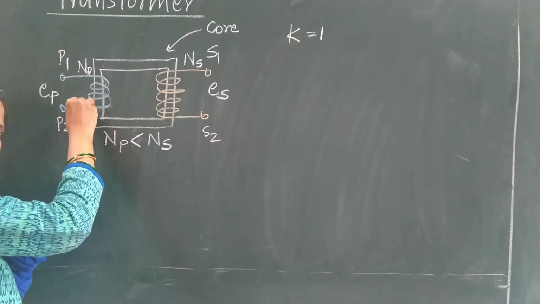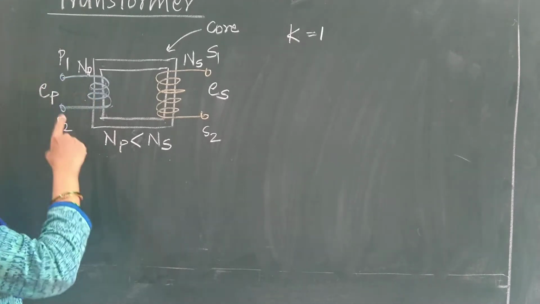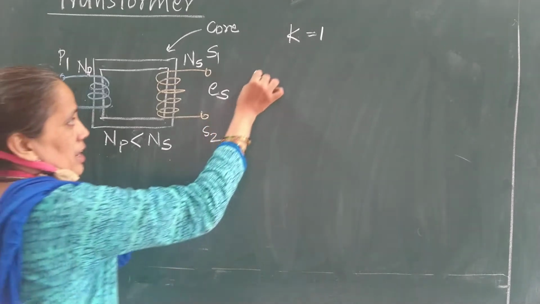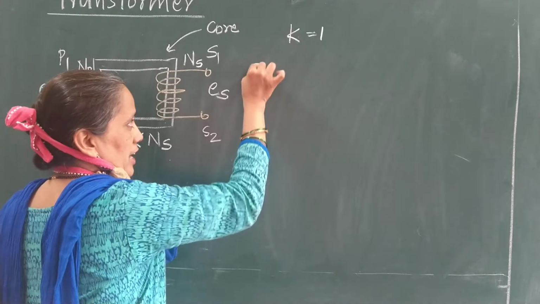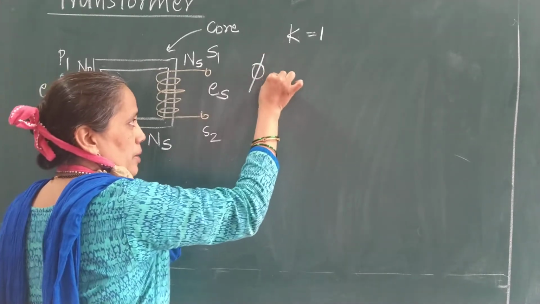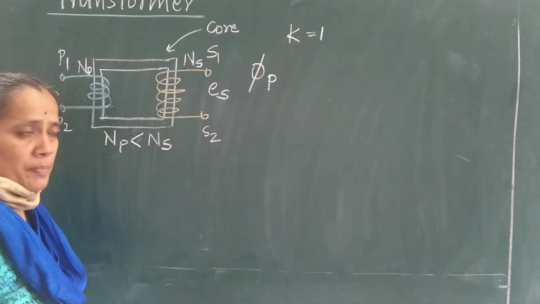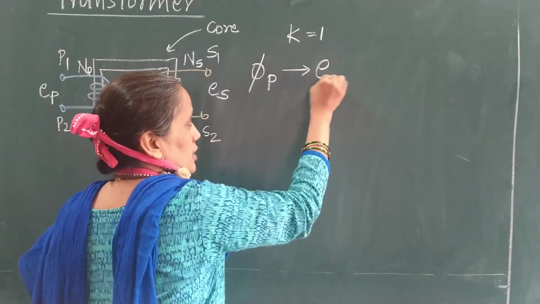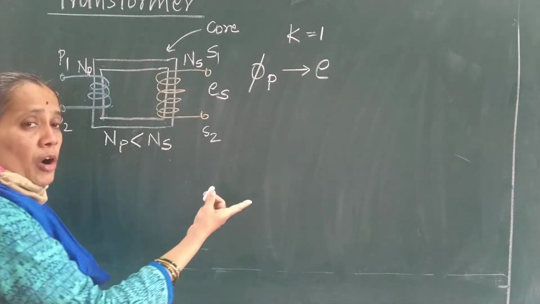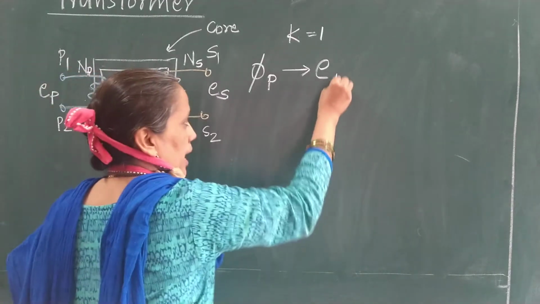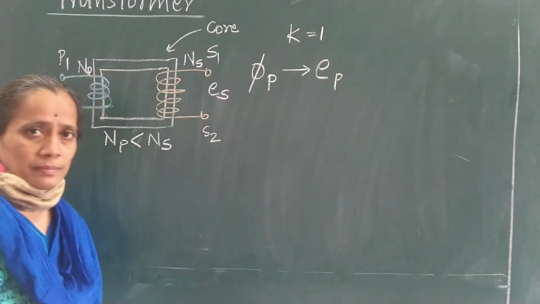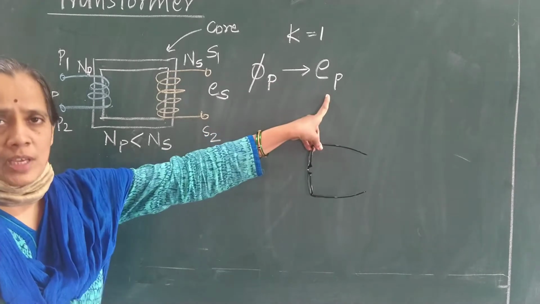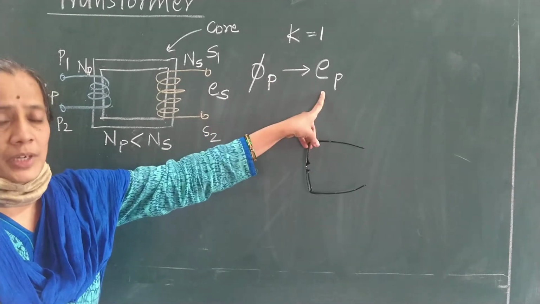Due to that change in magnetic flux there will be production of EMF. That means whenever there is a change in current, there is a change in magnetic flux in the primary, that is phi p, which gives us the production of induced EMF in the primary, that is EP. So the change in magnetic flux and production of EMF are in the same coil due to the concept of self-induction.